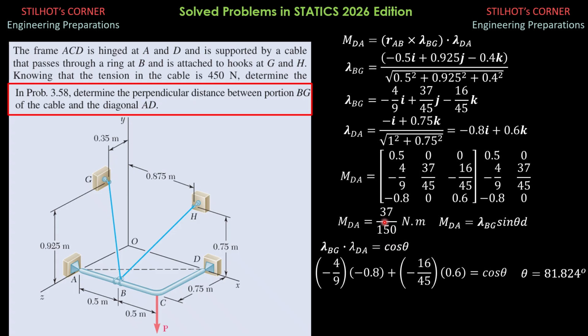So MDA, 37 over 150, equals 1 times sine of 81.824 because the magnitude of lambda BG is 1, sine of 81.824 degrees times d. D therefore is 37 over 150 over sine of 81.824, and that is 0.2492.